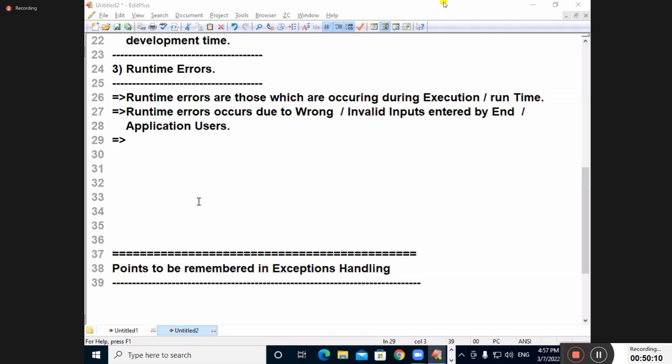Ultimately, I am giving clarity here. Answer my question. By default, in any technology or language, when the end user gives wrong inputs, which message will come?